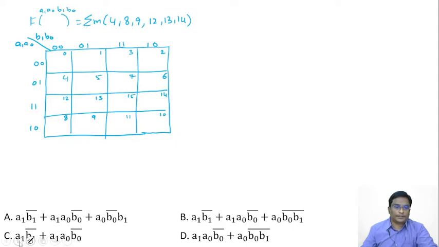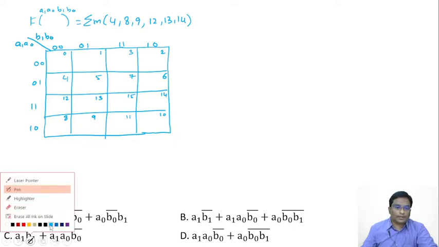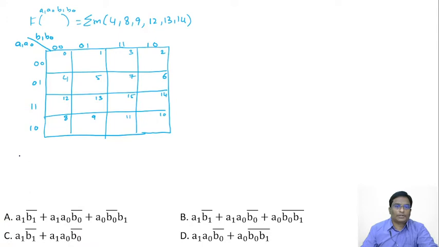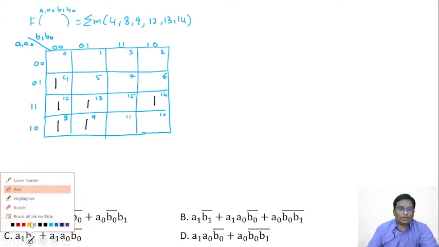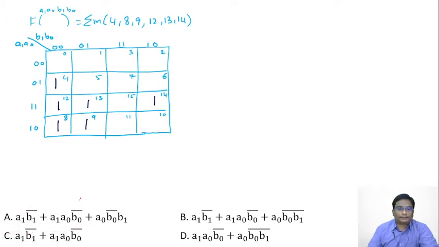Let us take those values and tell me which combinations you got here. 4, this is high, 8, high, 9, 12, this is 13, this is 14. Let us check whether there is any possibility of getting a 16 grouping.